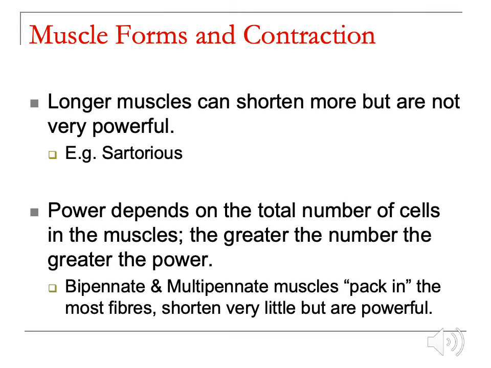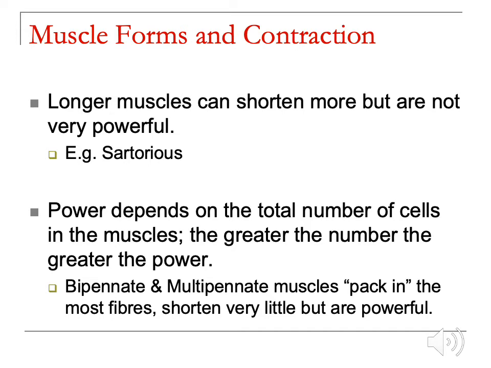Now, the arrangement of those fascicles, whether they be convergent, parallel, fusiform, pennate, makes a difference to the strength and power that a muscle can exert, and also the range of motion that can be produced from a muscle. When a muscle contracts, it can shorten to about 70% of its resting length.